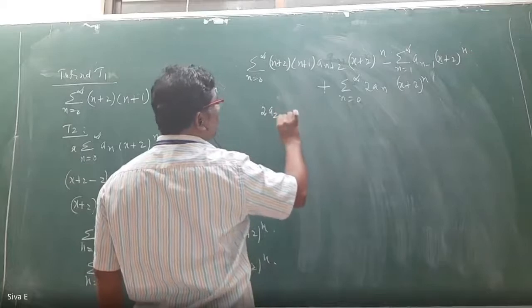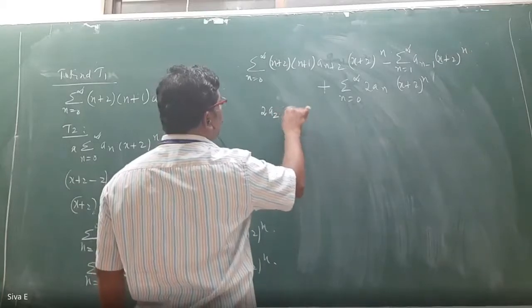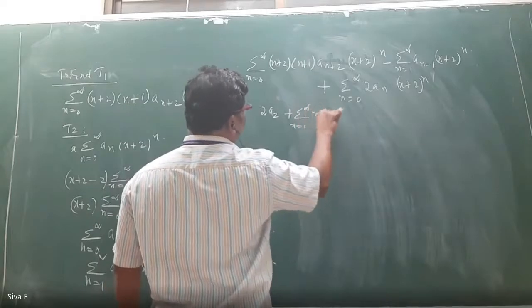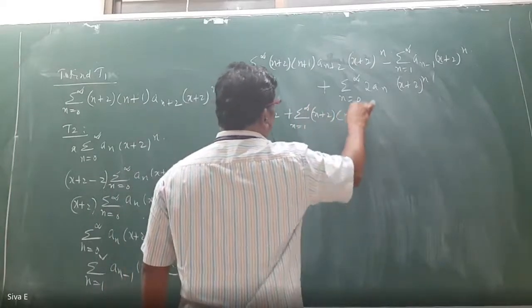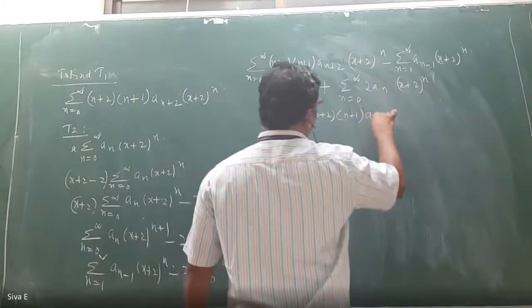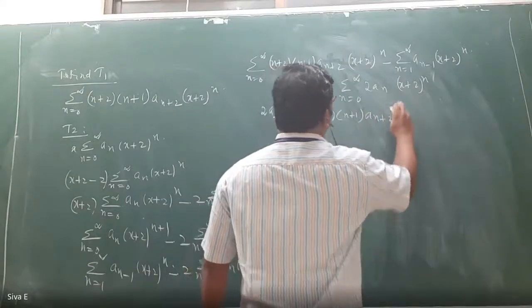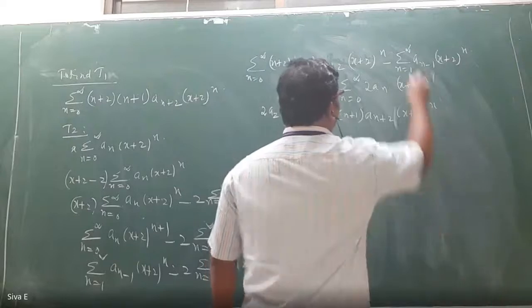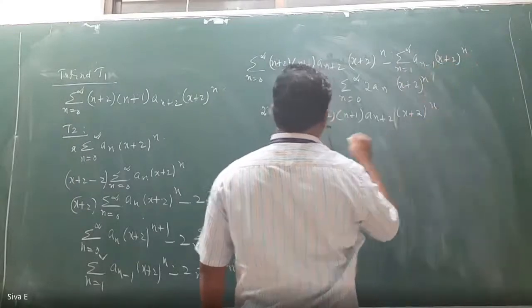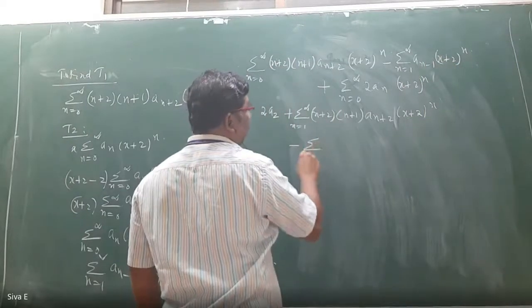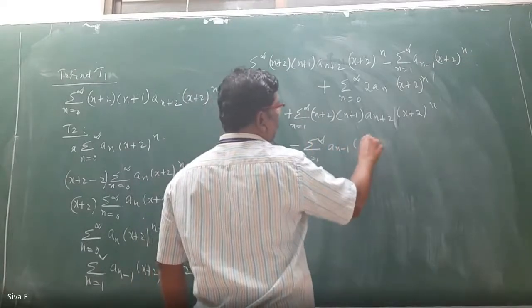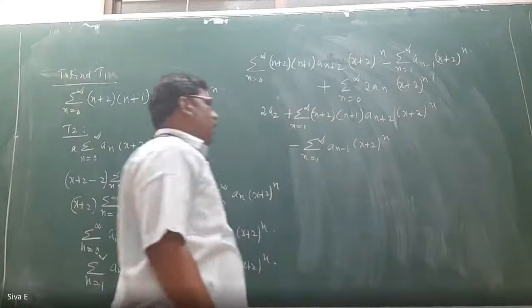So 2a2 plus summation of n equal to 1 to infinity (n + 2)(n + 1) a_(n+2) (x + 2)^n, one term. Here as it is you can write that minus summation of n equal to 1 to infinity a_(n-1) (x + 2)^n.